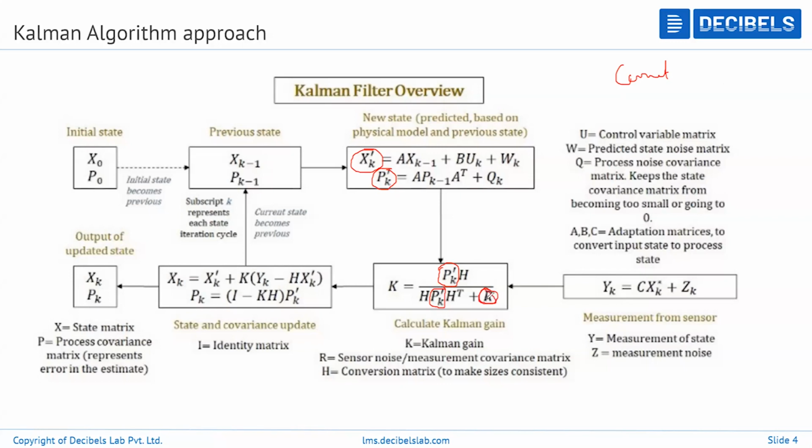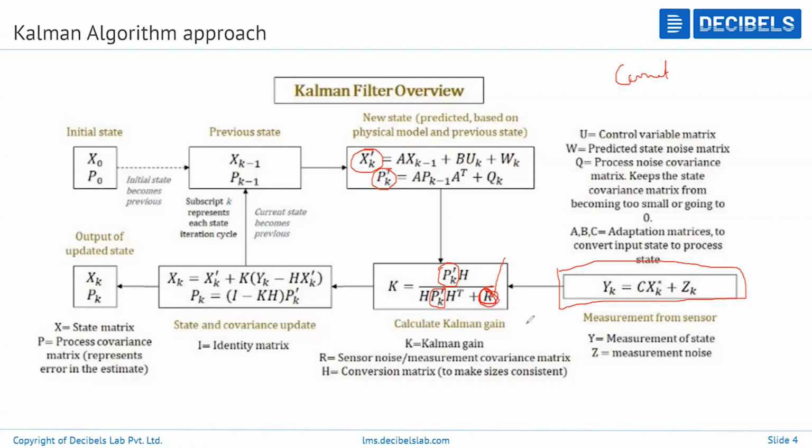You can say it is the error in measurement. Whatever you measure from the cell voltage with the sensing circuit is not 100% correct, so it also has some error. That error is represented by R.